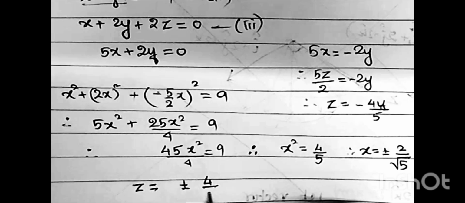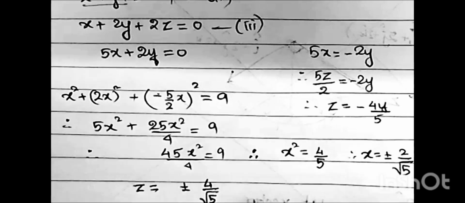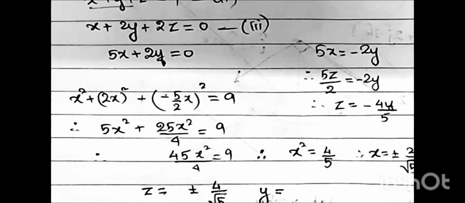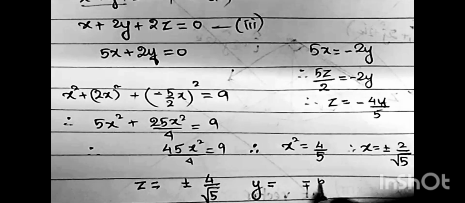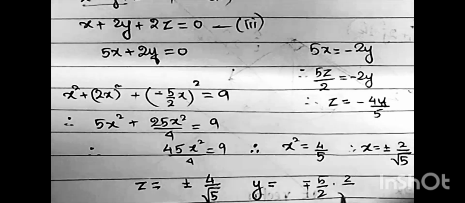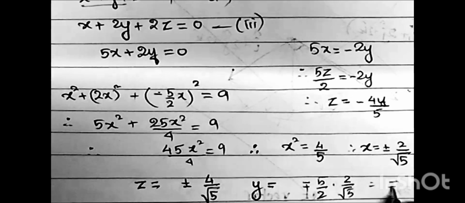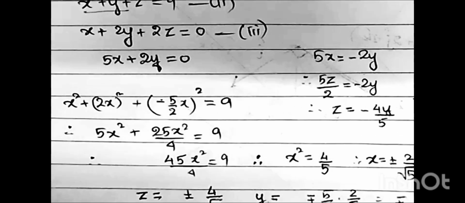So z, in terms of x, should be plus minus 4 by root 5. And y should be minus plus of 5 by 2 times 2 by root 5, that is minus plus root 5.